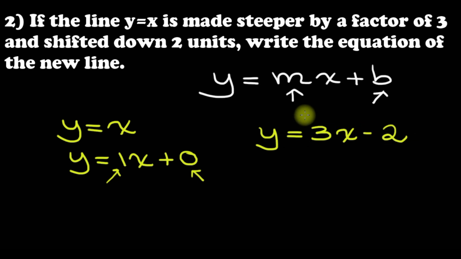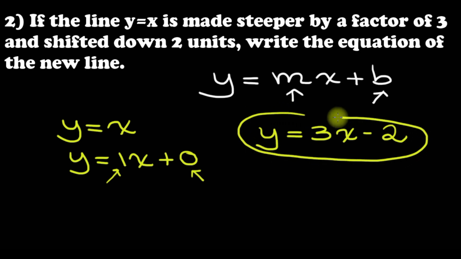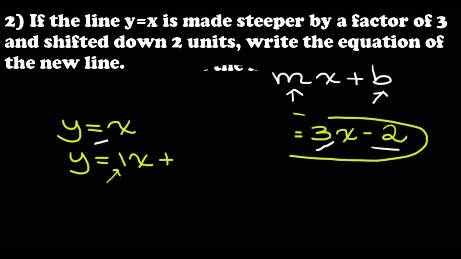All right, so this is the equation of the transformation. Here you can see that the line y equals x is made steeper by a factor of 3. So here you got to multiply by 3, and then it goes down 2 units.